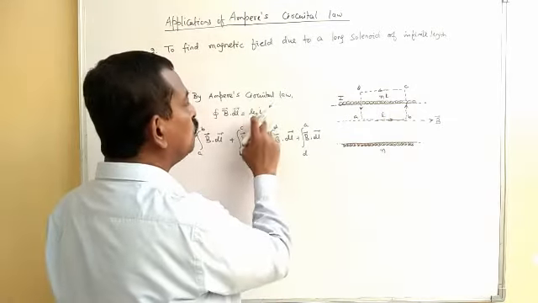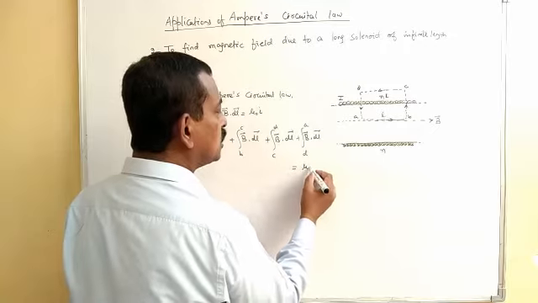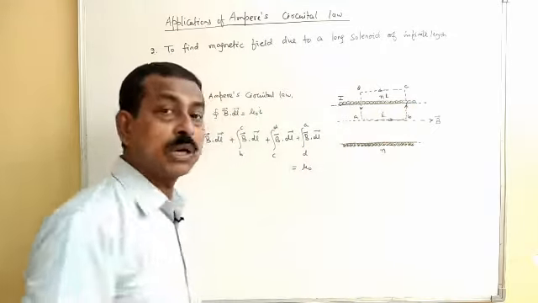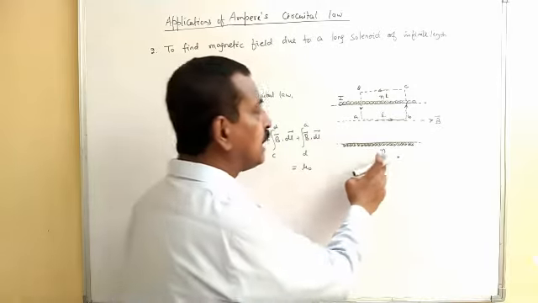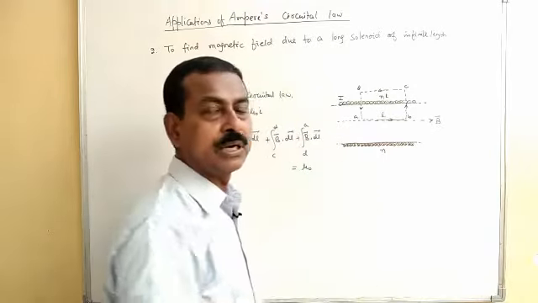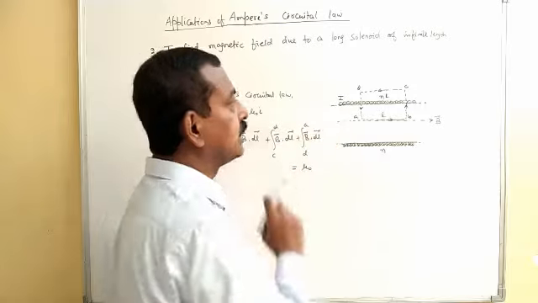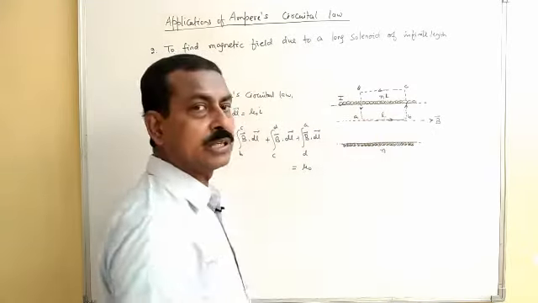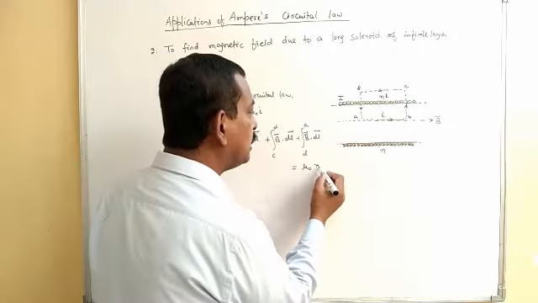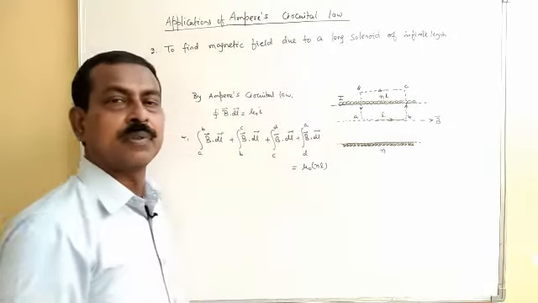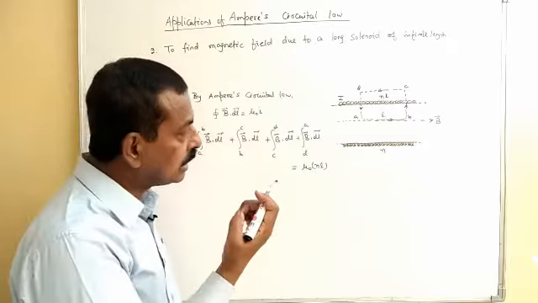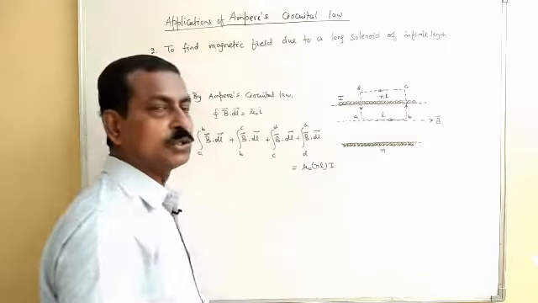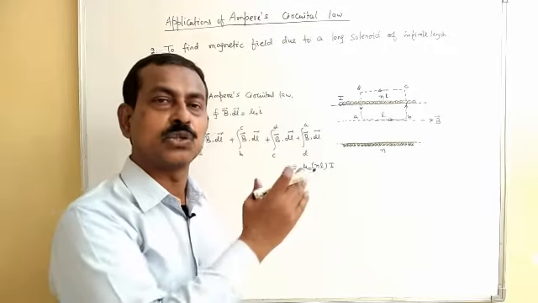This will be equal to mu naught I enclosed, the total current enclosed. If I have taken n as the number of turns per unit length, I is the current, then over a length L the number of turns involved will be n into L. And if the current is I through each turn, then it is nLI as the total current enclosed by the loop.